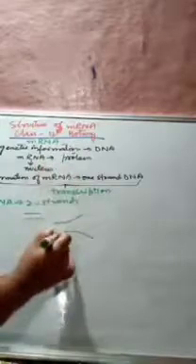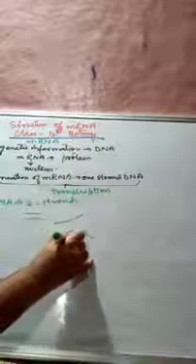So first we'll see transcription takes place from one of these strands, and this transcription process gives rise to the formation of mRNA. Because of this, it contains the genetic information.